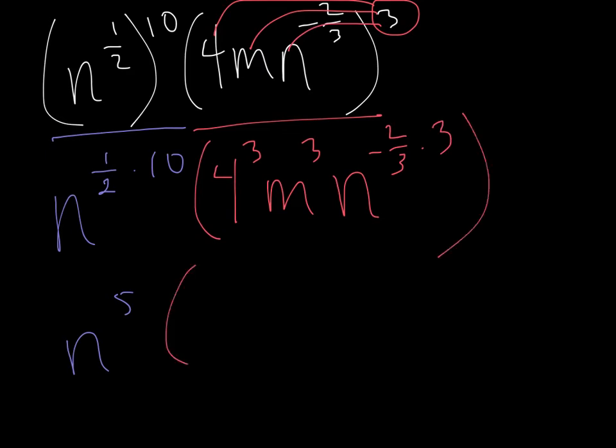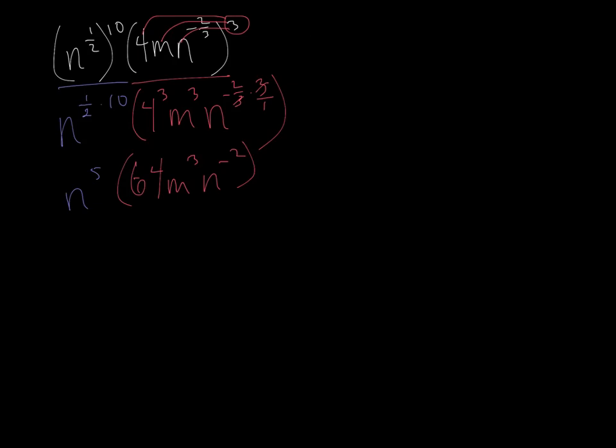So that's going to give us 4 cubed, which is 64, m cubed, and n to the -2/3 times 3, well, that's like 3/1, right? So those 3 simplify, which is just n to the -2.